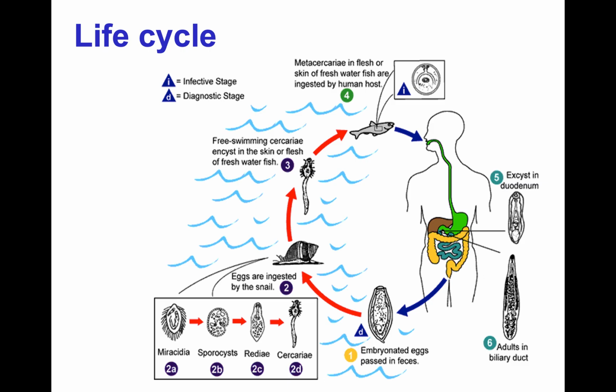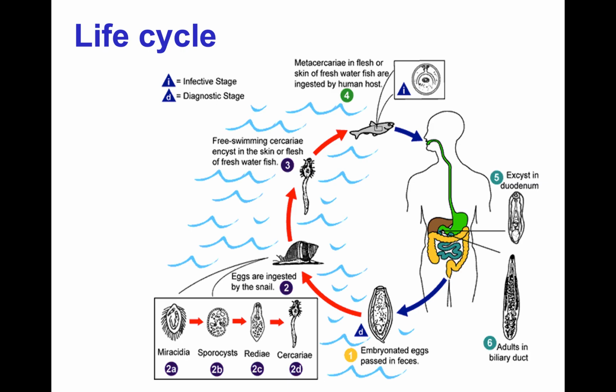Finally, the embryonated eggs were passed in the feces and get inside the water. And then in the water, the embryonated eggs are ingested by the snail. And inside the snail, there are several stages that happened.